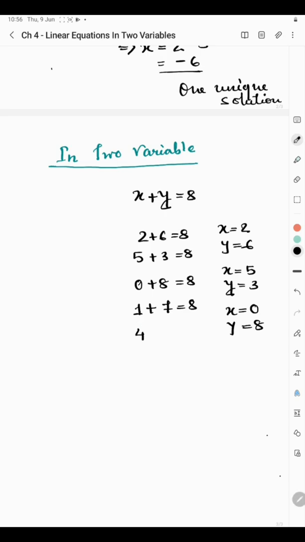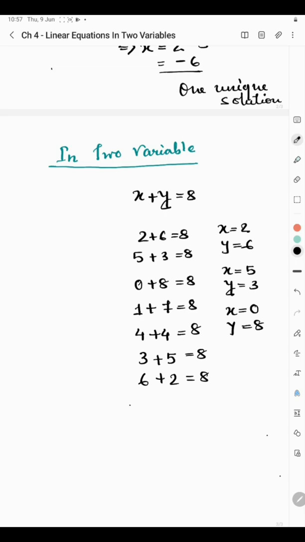If x is 4 and y is 4, then also we will be having 8. Similarly, if the value of x is 3 and the value of y is 5, then also we will be having 8. If the value of x is 6 and the value of y is 2, then also we have 8.